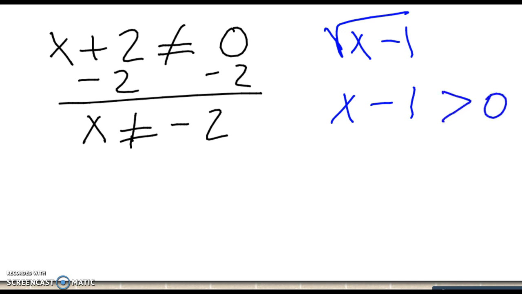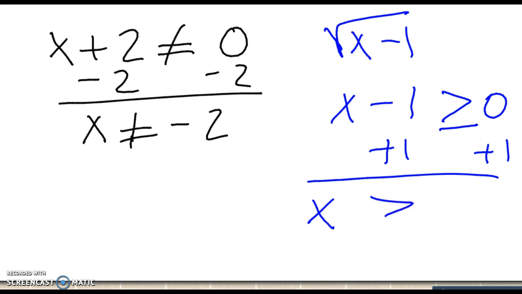In all cases, positive numbers are greater than 0, but in this case in particular, this radical is in the numerator, so our numerator can be 0. 0 divided by a number is 0. So we can have the equal to bar in this inequality when we're trying to find out the domain. Solve this algebraically by adding 1 to both sides, and we find that x needs to be greater than or equal to a positive 1.